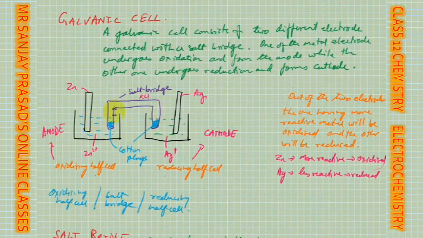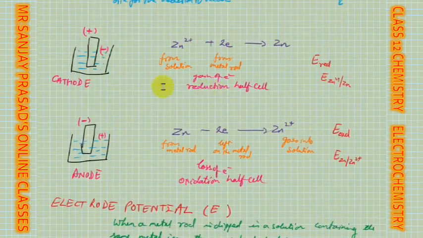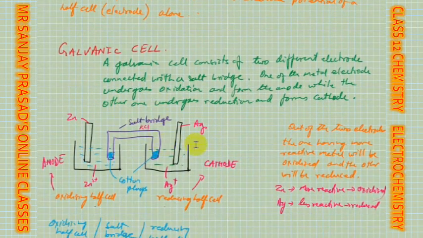Look here, I'll show you this again. Okay, just now we have seen this portion here. In cathode, the metal rod becomes negative and the solution is positive. And in anode, the metal rod becomes negative and the solution is positive, isn't it? So the same thing is happening here also.